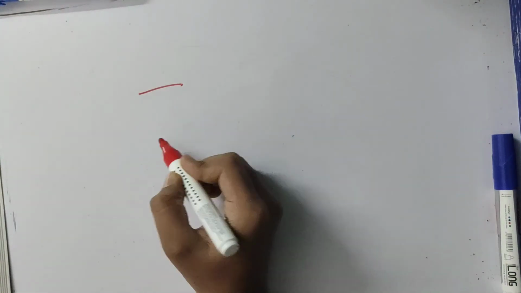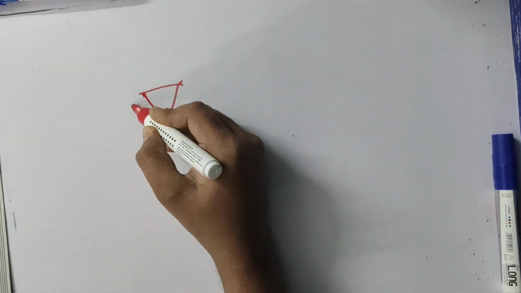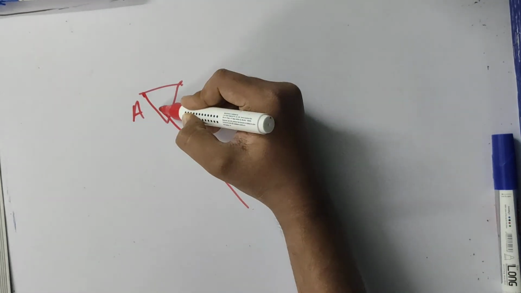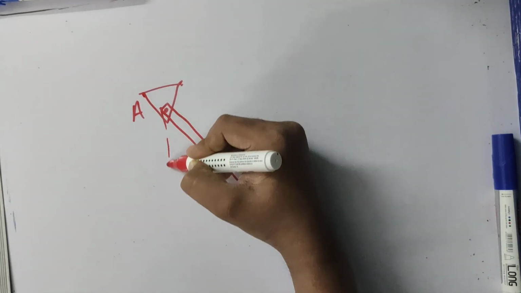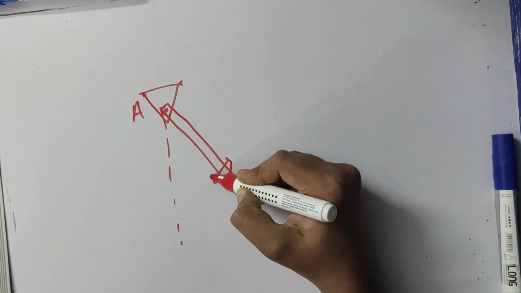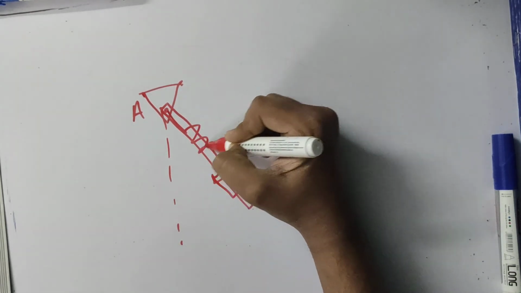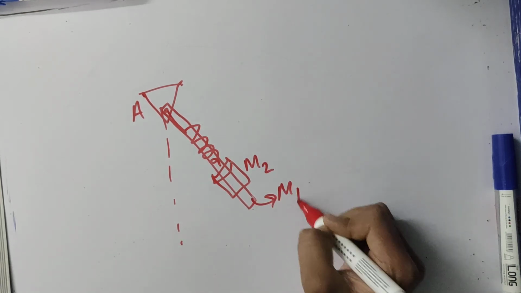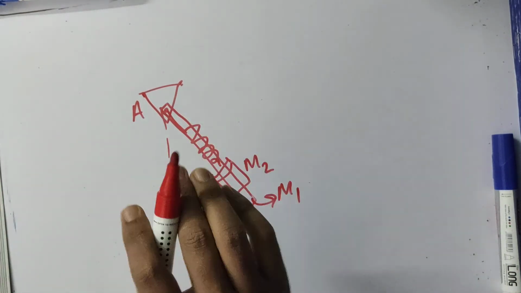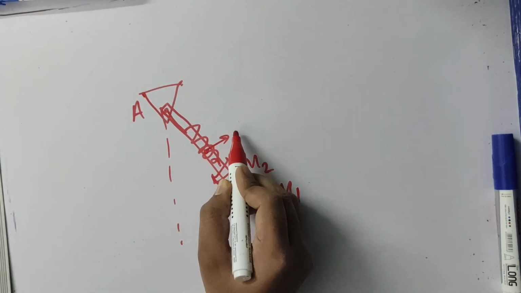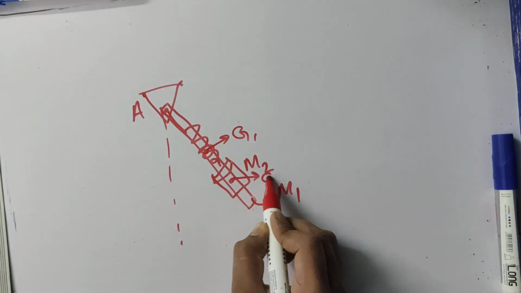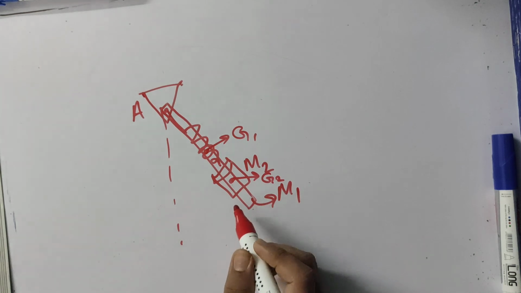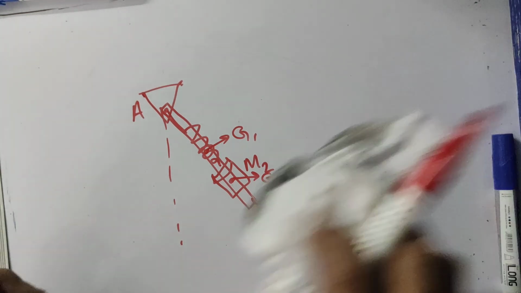So if you remember the diagram, this was the point A, a rod was like this, and this was some normal, this was our sleeve, this was the spring, this was the mass m2, rod is of mass m1, all the lengths, moments of inertia, everything defined. This center of mass is g1, this one has got center of mass g2.